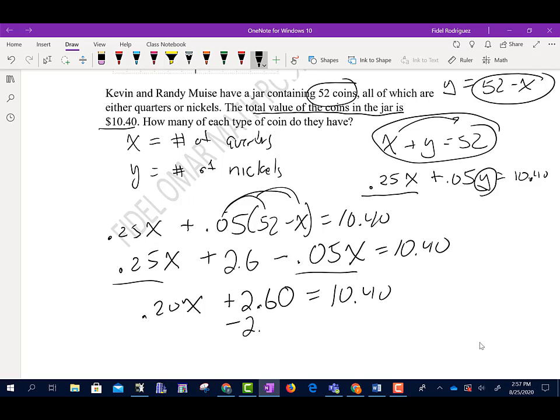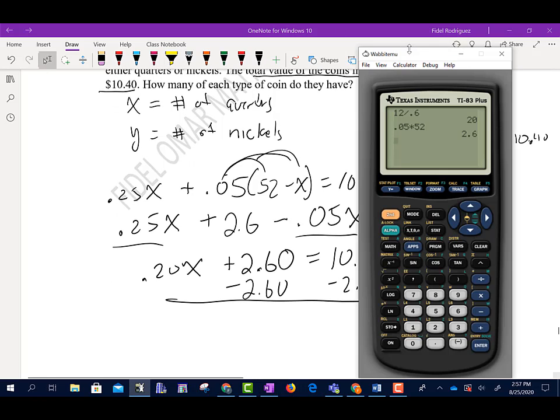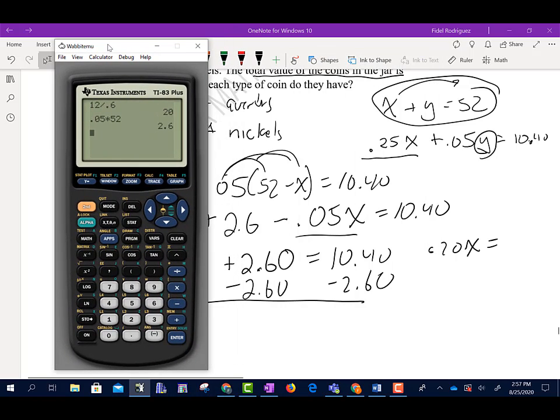So let's get rid of this 260. Let me grab my calculator again so I can subtract the 1040 minus the 260.